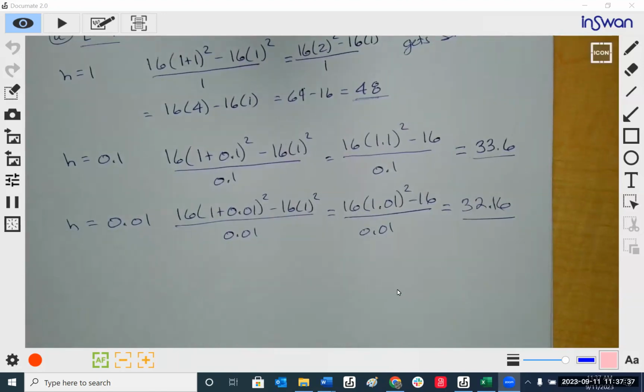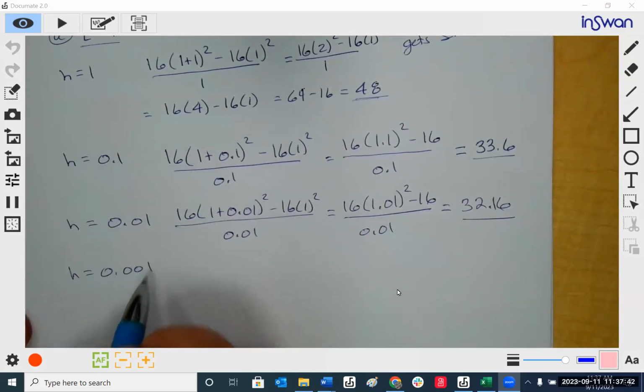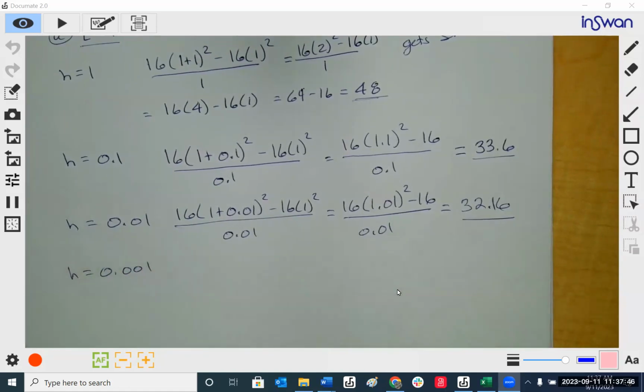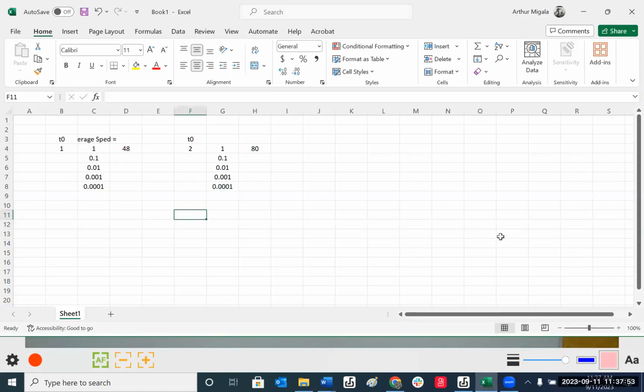Actually, because we have to do this a couple more times, and we go 3, every time it gets more and more. Then we have to do it for t equals 2. So it's a lot easier if we use Excel.